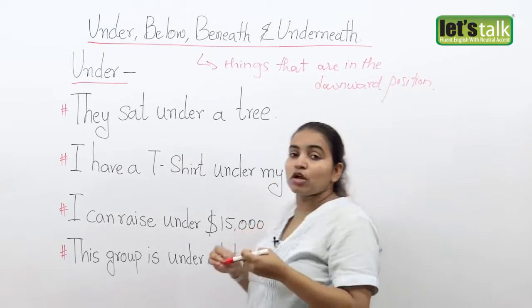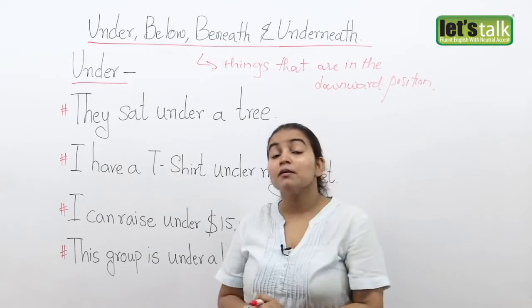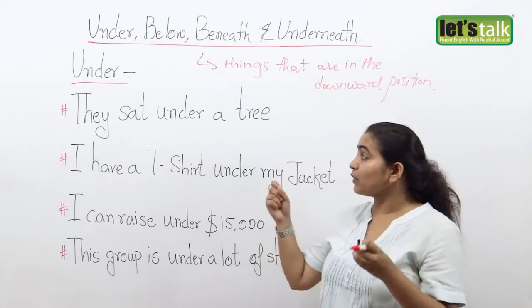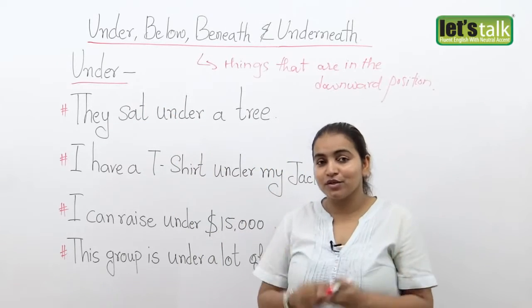So of course, when I talk about under, below, I'm talking about anything that is down there. But let's see where we can use these words and in how many contexts we can use them.